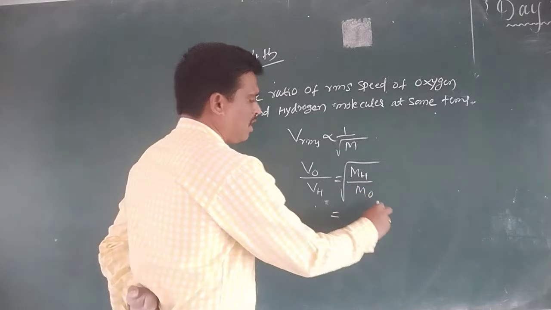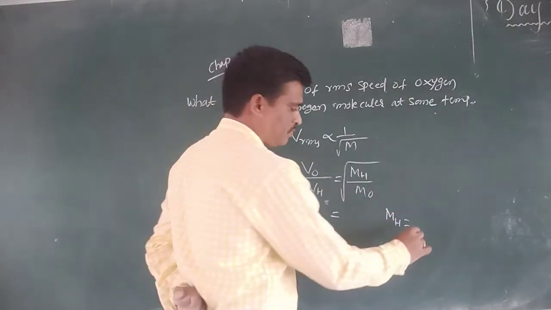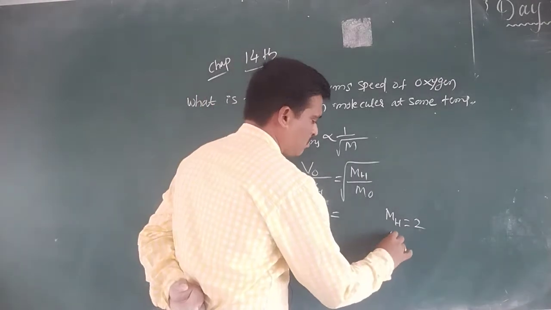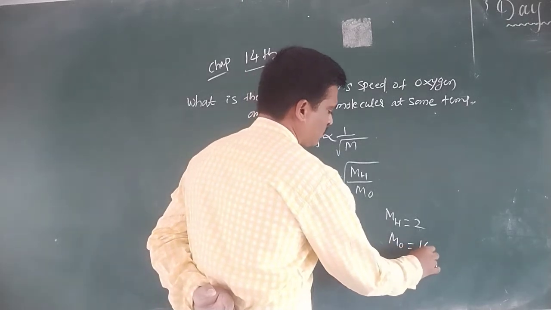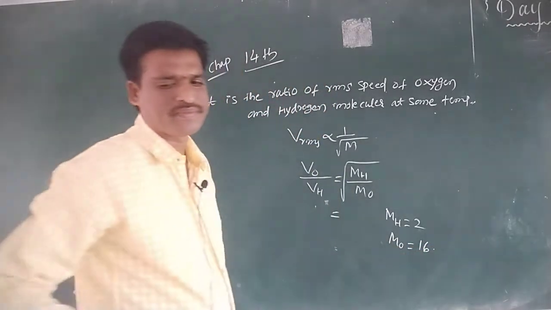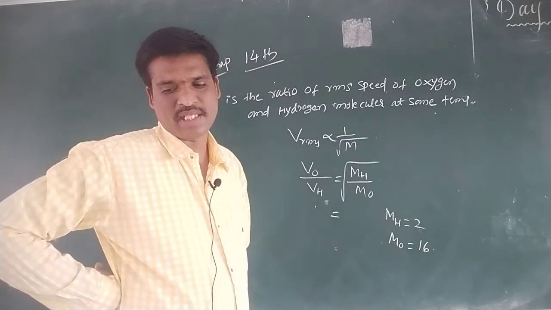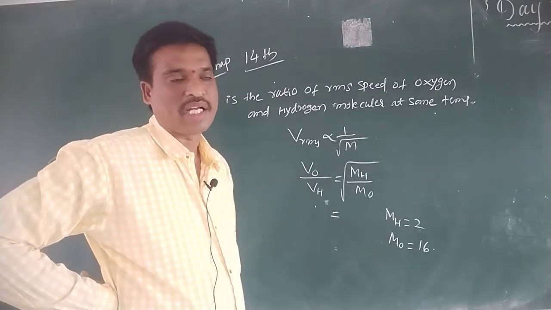Here, the molecular weight of hydrogen is 2, and oxygen is 32.